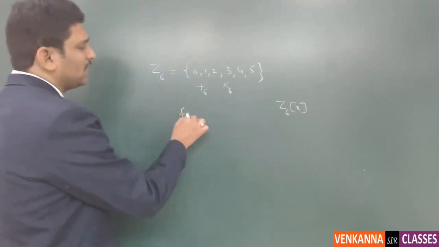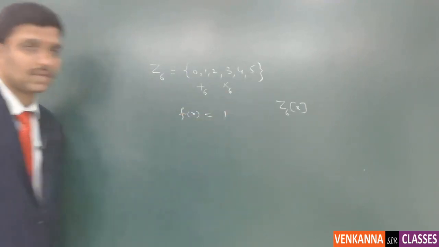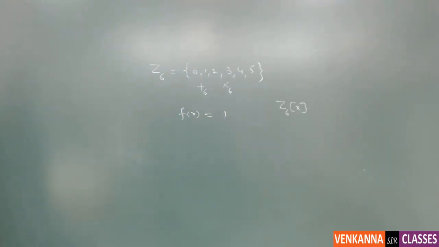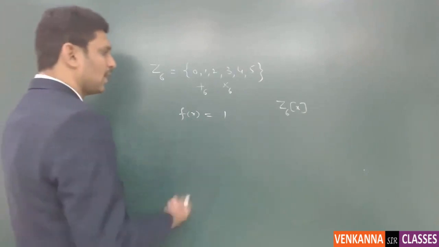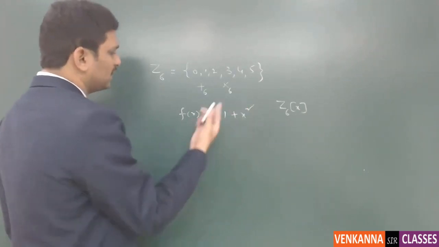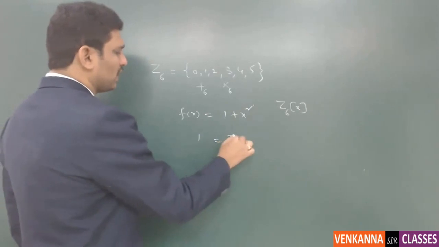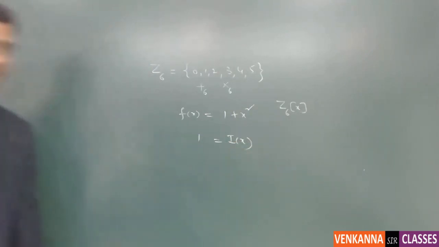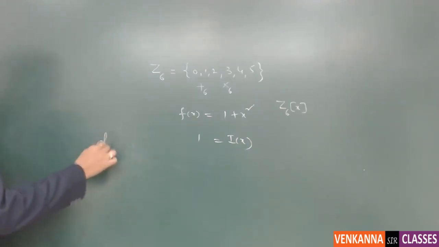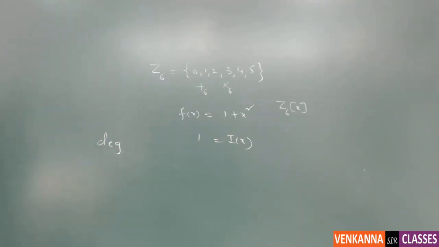Now what happens, I just want to take a small example that suppose you take the polynomial f of x is equal to 1, the constant polynomial, let me say, and you can take the other polynomial, say f of x is equal to 1 plus x square. You take the constant polynomial 1 is equal to I of x, the identity polynomial. Now, here I need to calculate the product polynomial. Just give me a moment, I will write.